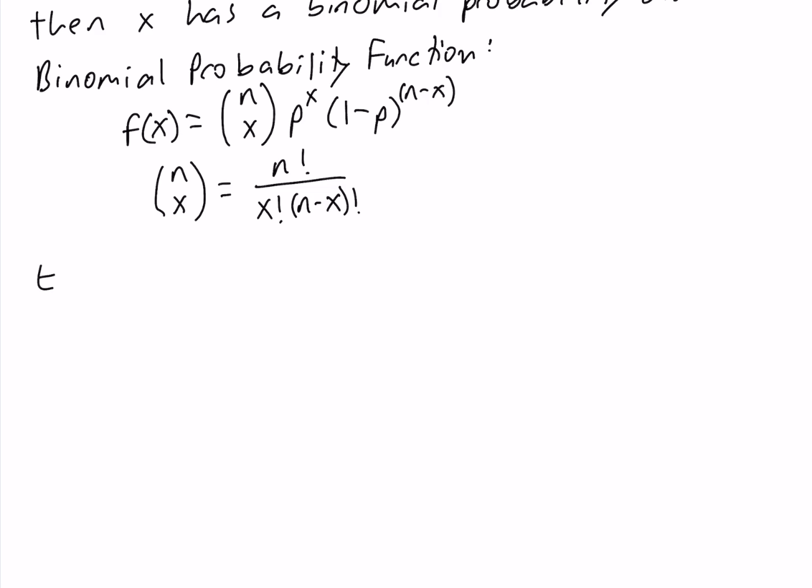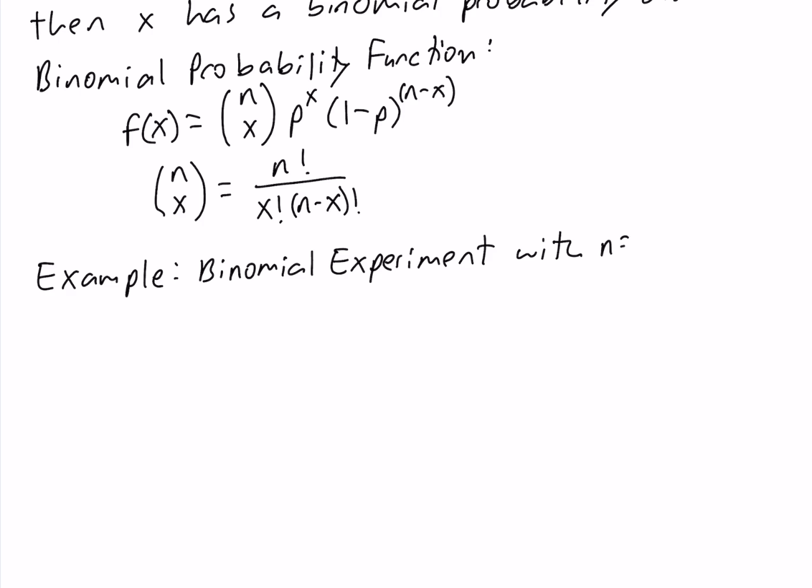Now let's look at an example. Suppose that we have a binomial experiment with n equals 2. So there are 2 trials, and the probability of success is 0.4.